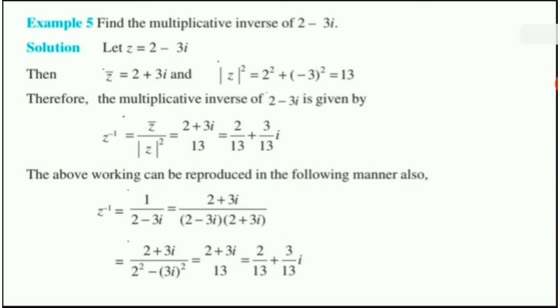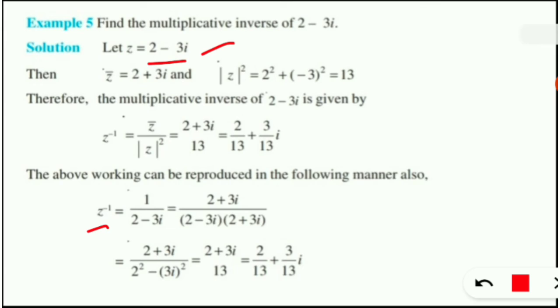Suppose z is given, so the multiplicative inverse of z is z inverse. Z inverse means 1 by z, that means 1 by 2 minus 3i. After that we multiply the conjugate in numerator and denominator.